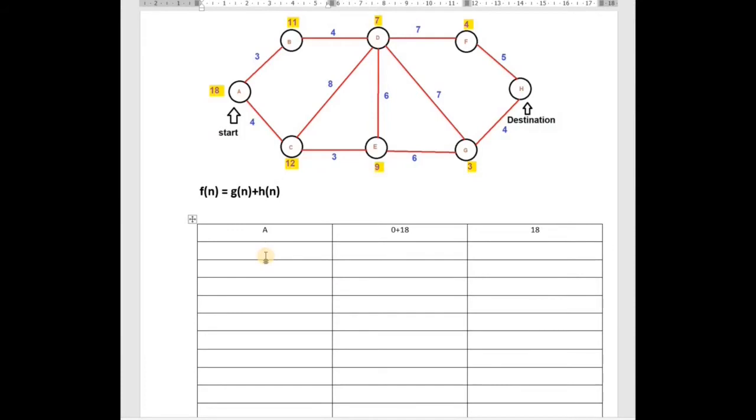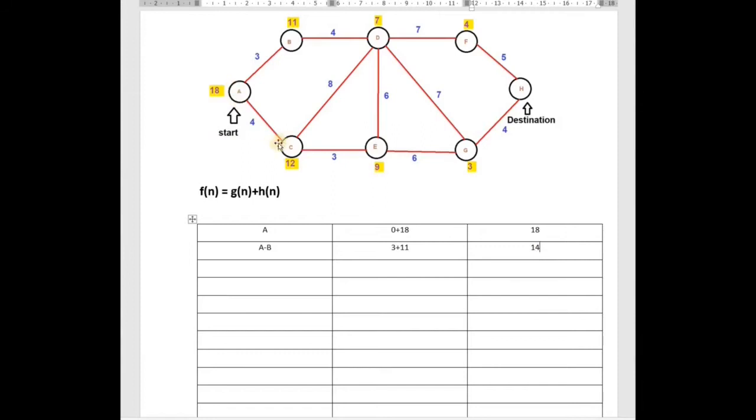What is the F value of the node B? From A to B, the cost of reaching the node B is 3, and the heuristic value of B is 11. So I am going to get the value of 14 there.